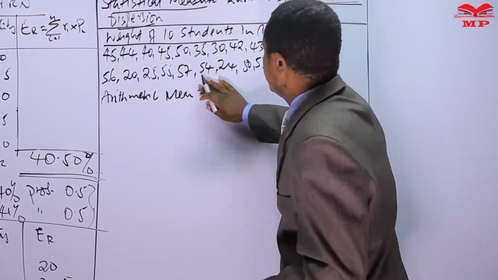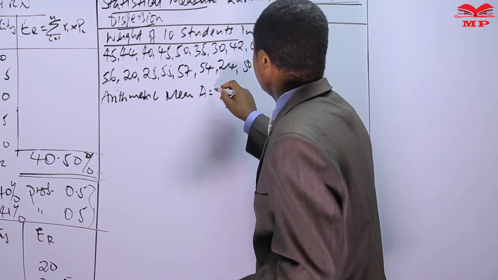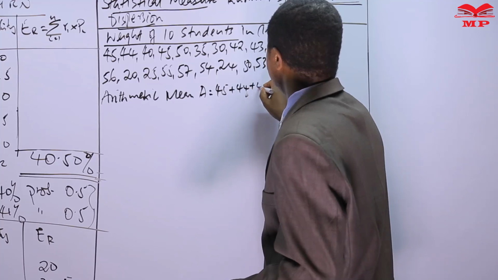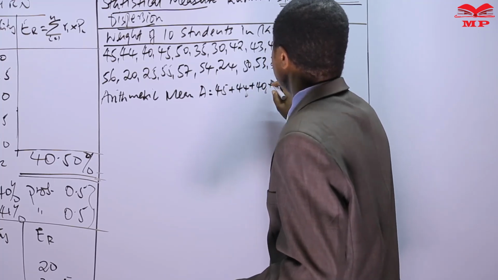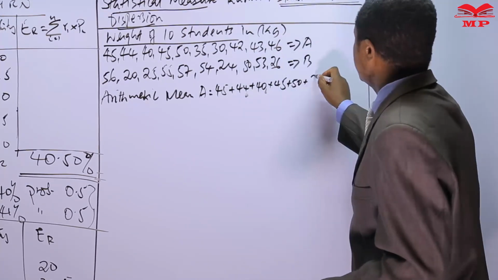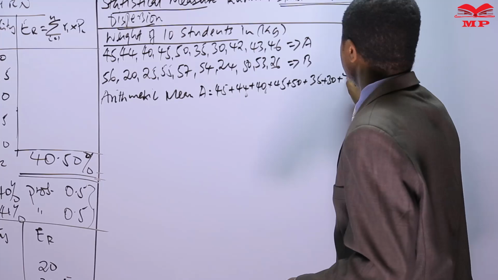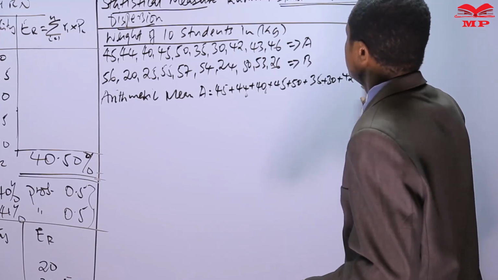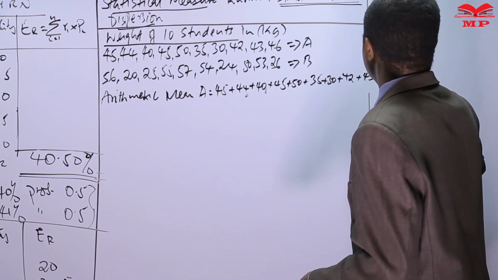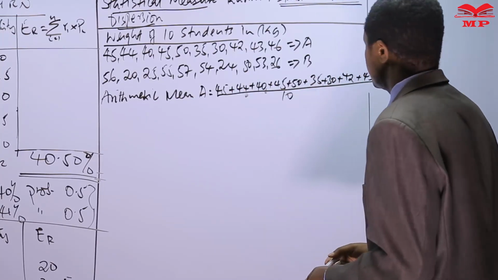So we will add. The arithmetic mean of A will be equal to 45 plus 44 plus 40 plus 45 plus 50 plus 35 plus 30 plus 42 plus 43 plus 46, divided by 10.